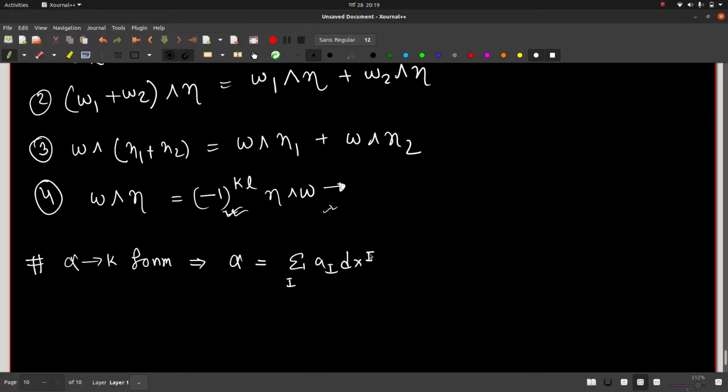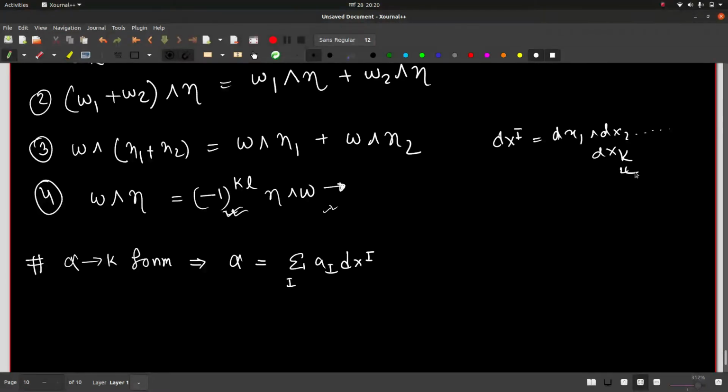Again, this is a k form, right? So don't get deceived by this dx_I over here. All of this will have k elements, and then there will be a summation. So this dx_I written out will be something like this: dx1 dx2 dot dot dot dxk.